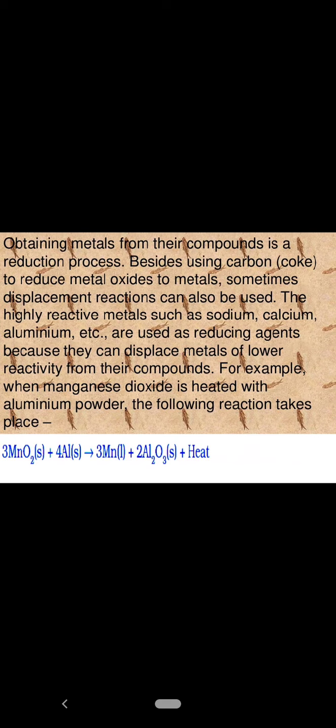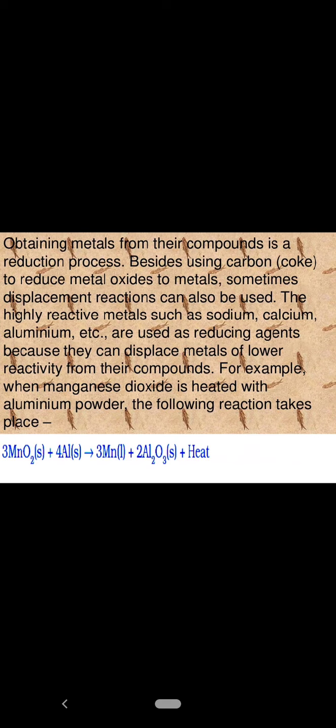Besides coke, that is carbon, to reduce metal oxides to metals, sometimes displacement reactions can also be used. This is meant for highly reactive metals such as sodium, calcium, aluminium, etc., which act as reducing agents and displace metals of very low reactivity.